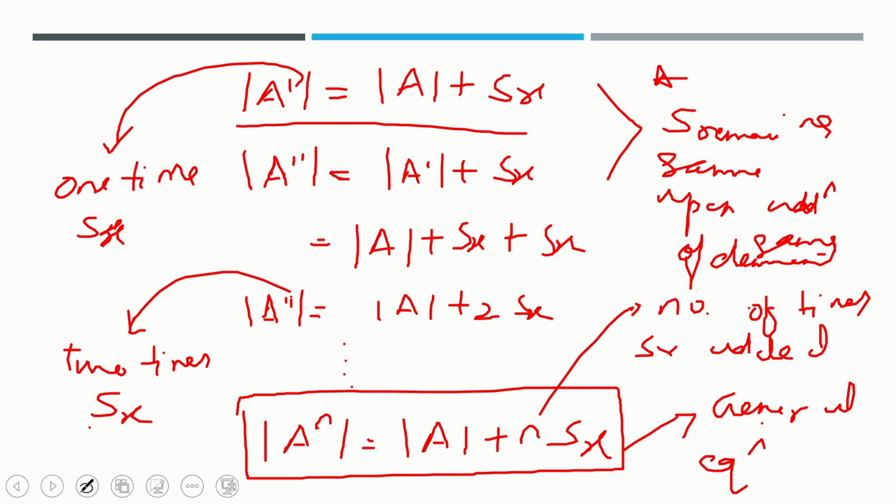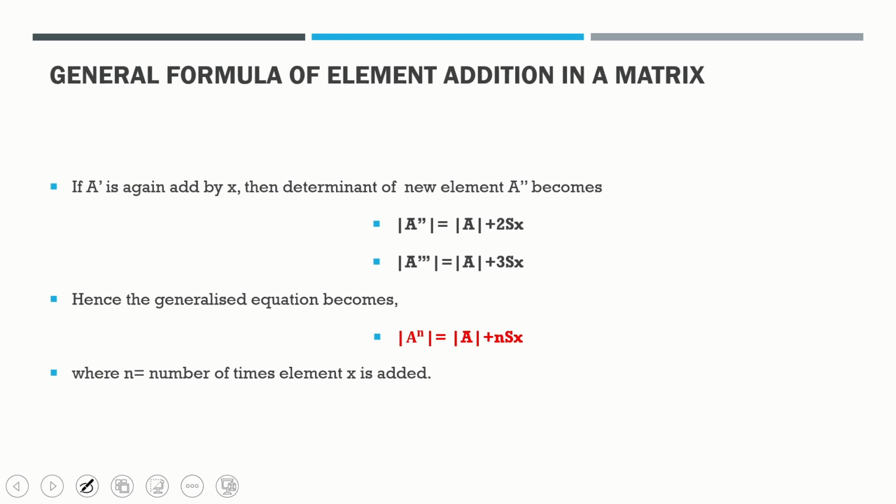You have to add 2 5 times in each successive new matrices. Successive adding I am talking about, and by this way you will find a new matrix whose determinant will be this one. So this is the general formula.